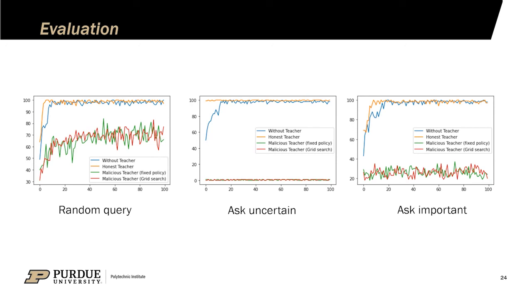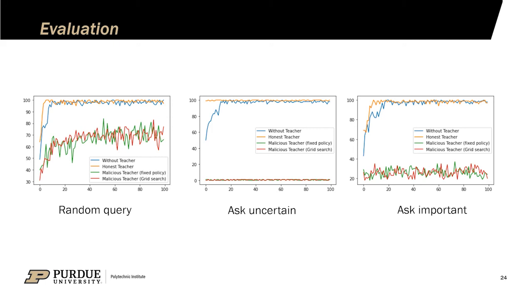Nevertheless, a malicious teacher can damage the student's learning process, especially for the ask uncertain model, which is the second figure. Under the instruction of a malicious teacher, the student will learn almost nothing. It is probably because at the beginning of the learning process the student is uncertain, so he needs the teacher's assistance.